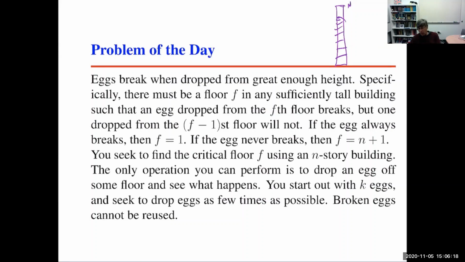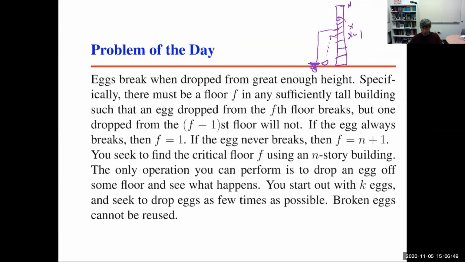So you could imagine a world where at level x minus 1, you drop the egg and it stays an egg. At level x, you drop the egg and it becomes splat, it makes a mess. And we're trying to figure out what is this x? What is the smallest height that will cause the egg to break?